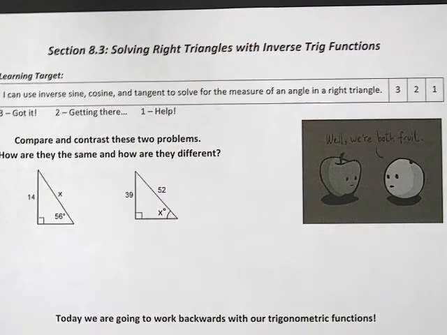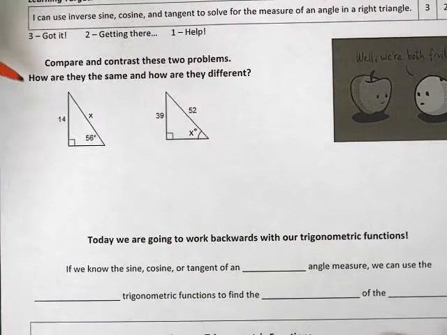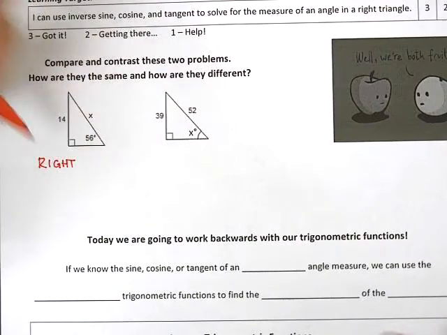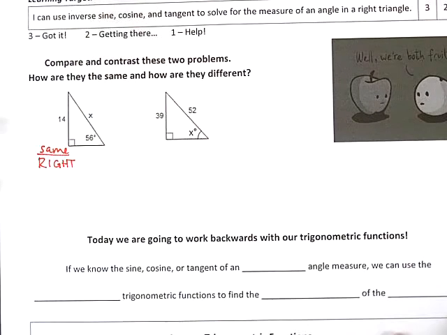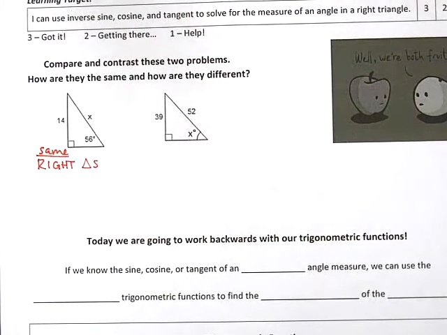So, I know I kind of jumped ahead. These are still right triangles, right? So I'm going to talk about what's the same in both of these pictures. They're still both right triangles.